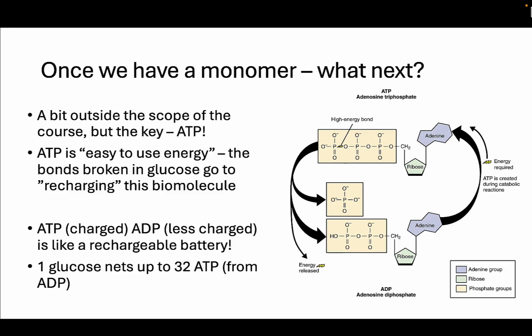When we consume glucose, that generates energy, and we can recharge the amount of ATP by converting ADP and lone phosphates into it. 1 glucose will recharge 32 ATP, and that breakdown is what leads to this molecule that is directly responsible for the energetics of our processes.